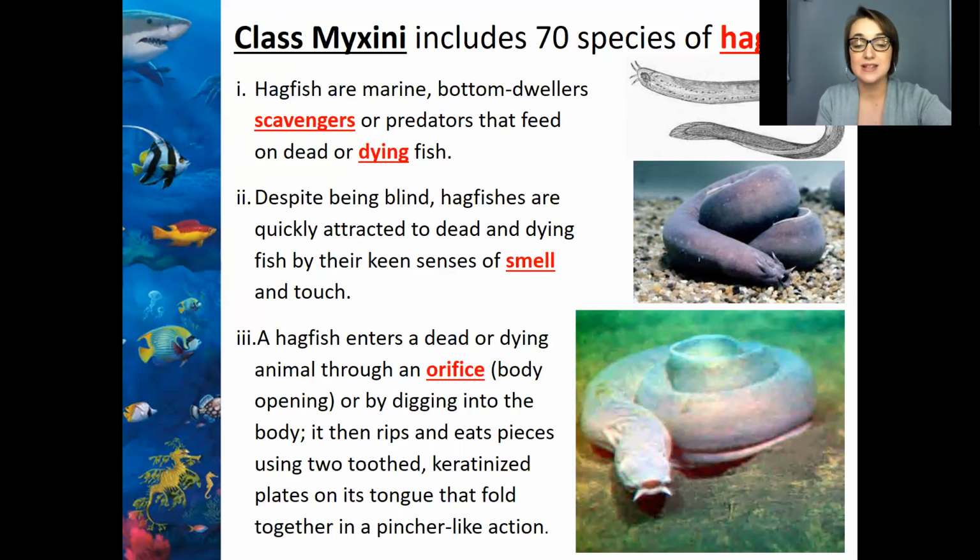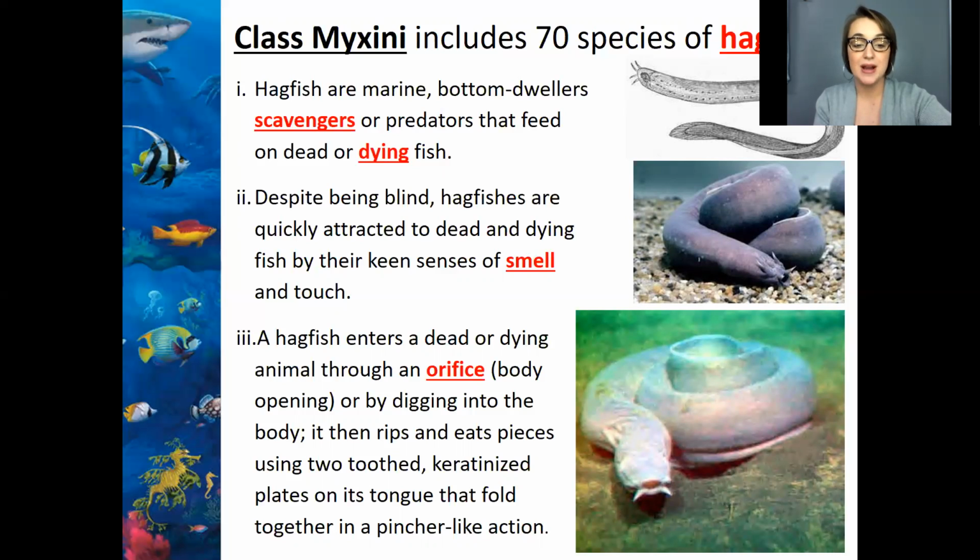They actually will instead find their prey, if you will. It's not alive, so it's hard to call it prey, by their keen senses of smell and touch, which we've already discussed how they manage that. And so whenever they do come across something that looks especially dead and tasty, they'll actually enter the animal through an orifice, meaning a body opening, a lot of the times mouth, nose, eye, something like that.